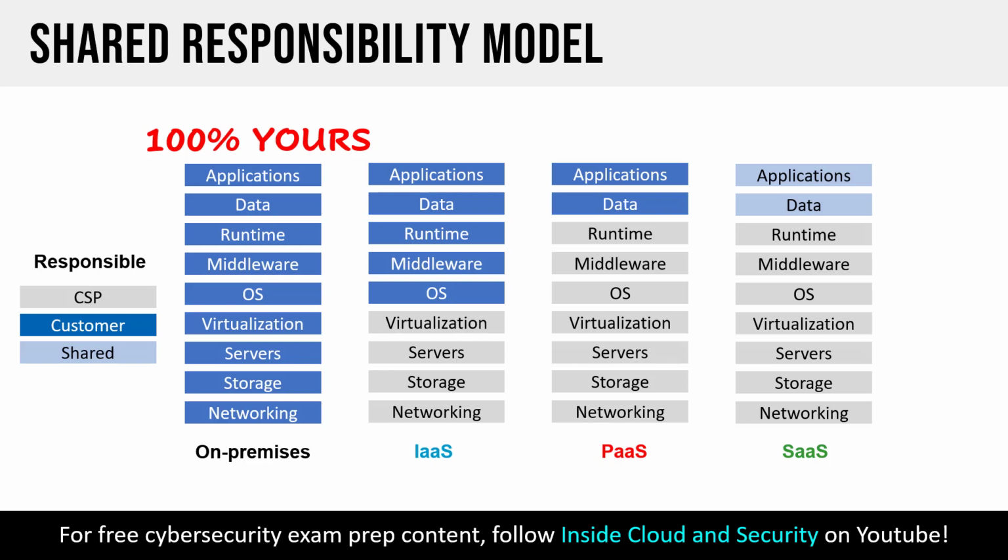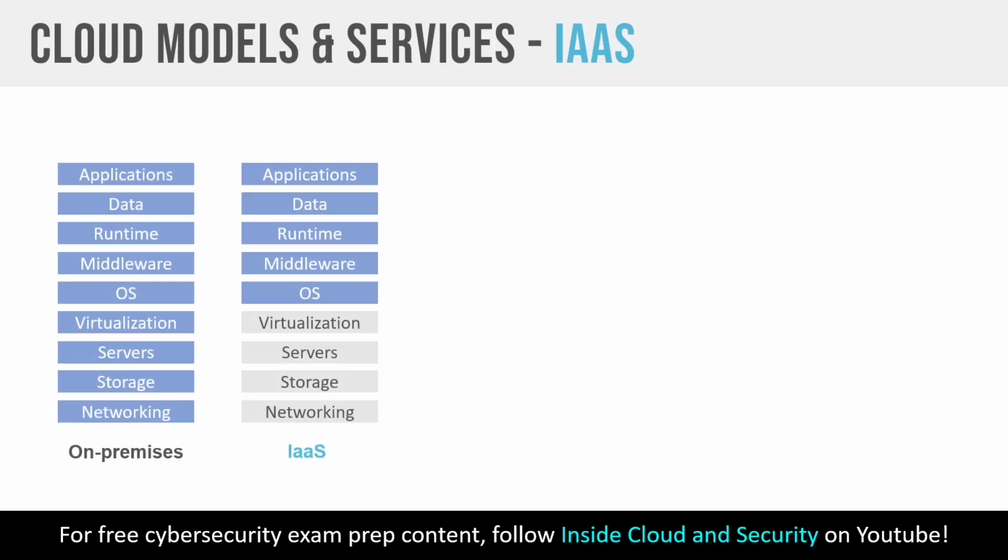In a SaaS scenario like Office 365, we just have limited responsibility for the applications and the data, really just access control to the applications and fast recovery of our data, even though there's going to be some protection there with the CSP. But you notice that in terms of responsibility, as we move from on-premises over to SaaS, we're handing over increasing levels of responsibility to that cloud service provider.